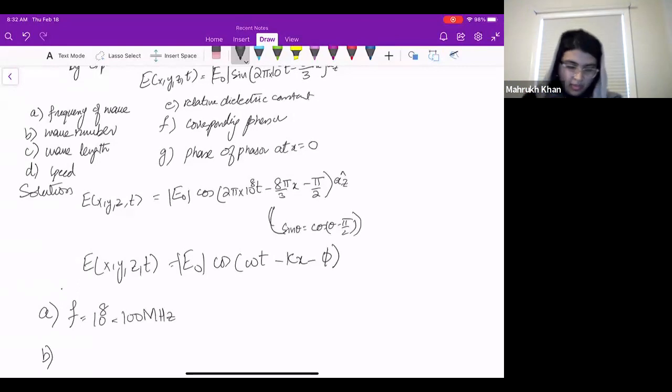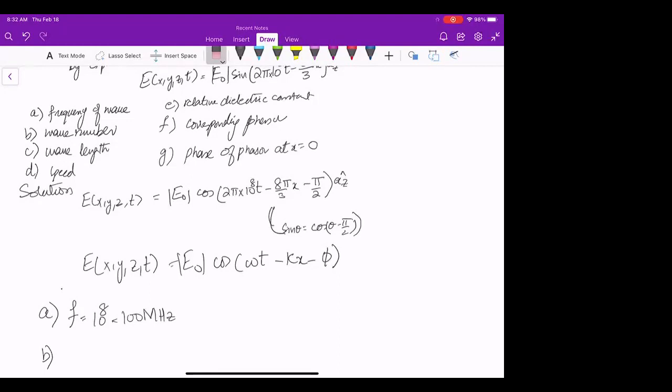Okay. What is wave number here? I would guess 8 pi by 3.